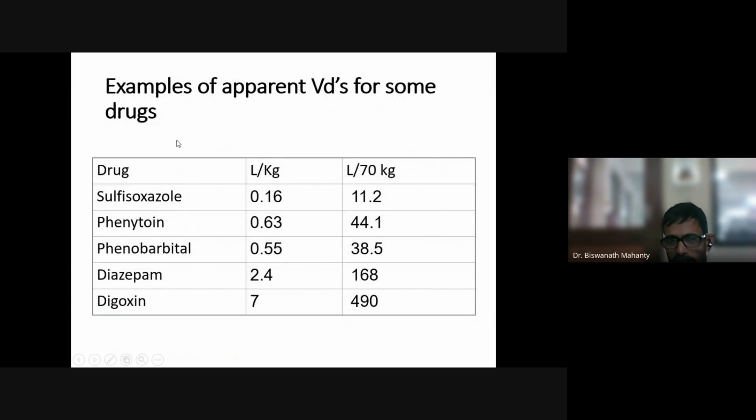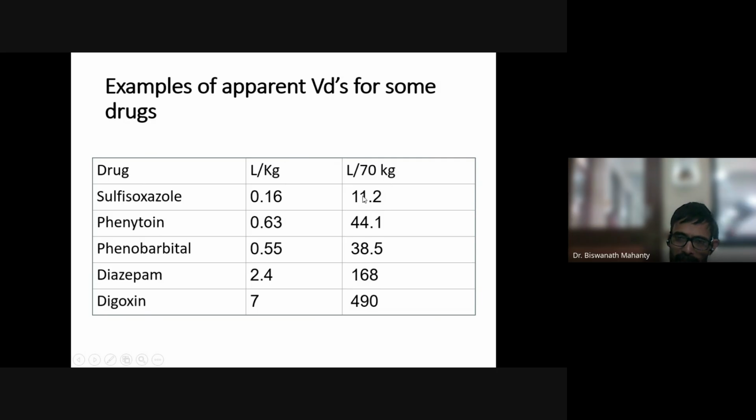So VD values for some drugs can tell us whether the drug has any preferential movement into particular organs, or maybe it is more soluble in fat. Here we are showing a few drugs. You can see that in some cases we can have two different values. For example, 0.16 liter per kg, and in another case VD is 11.2 liter per kg, per 70 kg of body weight.